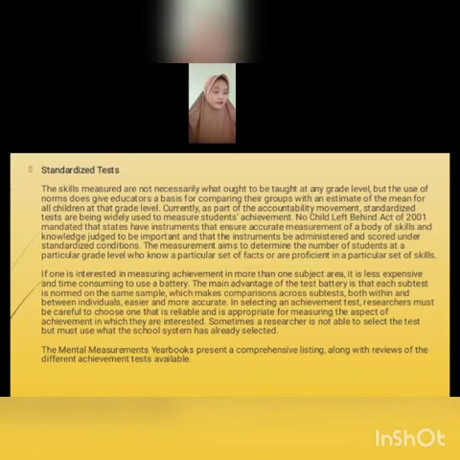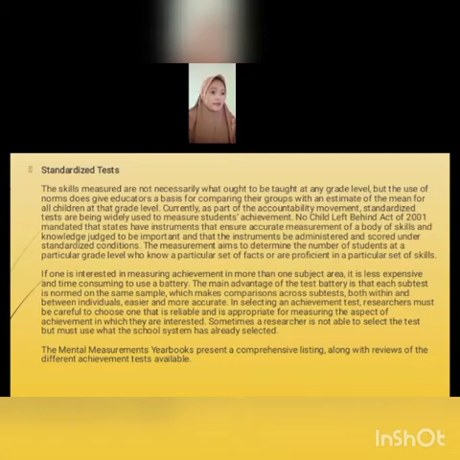The No Child Left Behind Act of 2001 mandated that states have instruments that ensure accurate measurement of a body of skill and knowledge judged to be important, and that the instrument be administered and scored under standardized conditions.